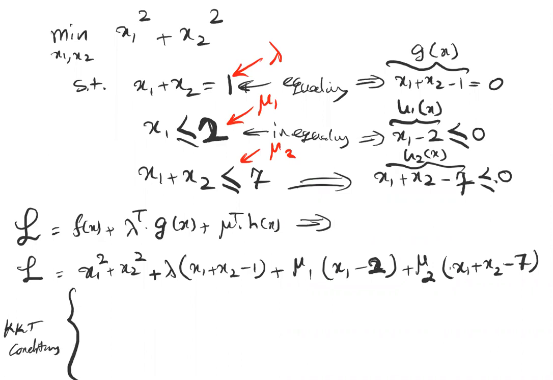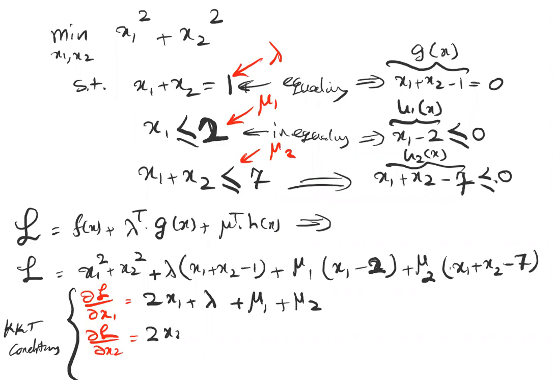First KKT condition is derivative of L with respect to x1, which is going to be 2x1 plus lambda plus mu1 plus mu2. Then we find derivative of Lagrange function with respect to x2, which is going to be 2x2 plus lambda plus mu2.